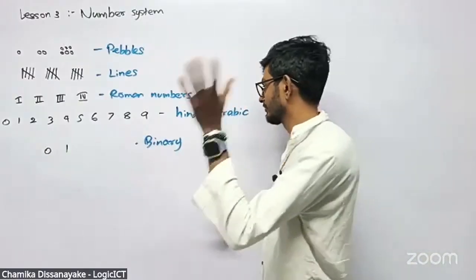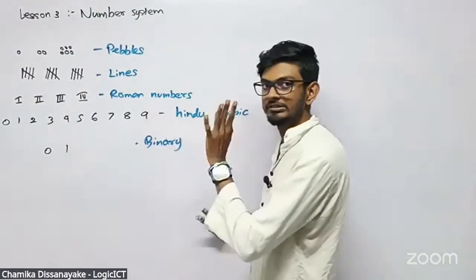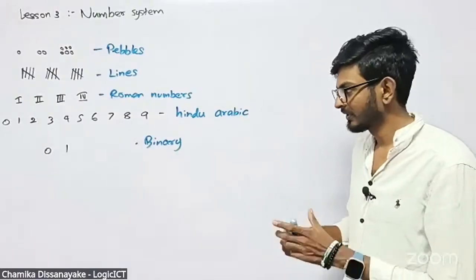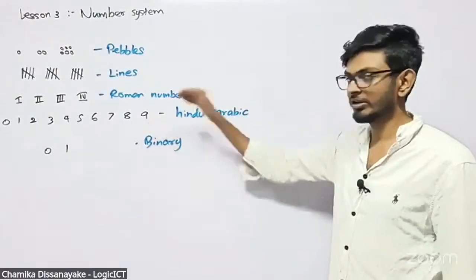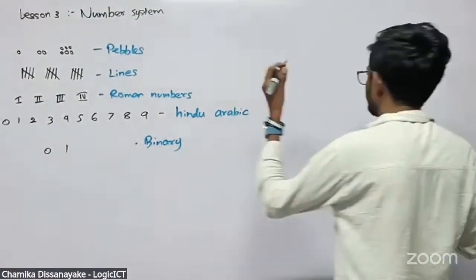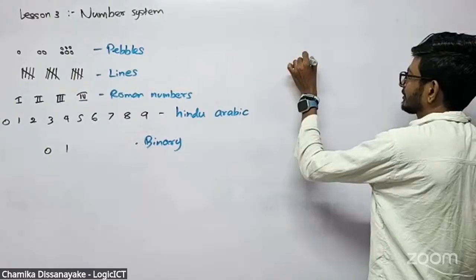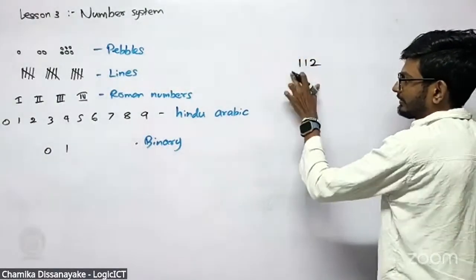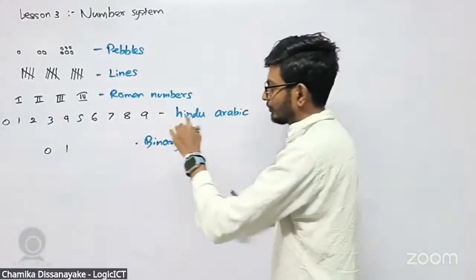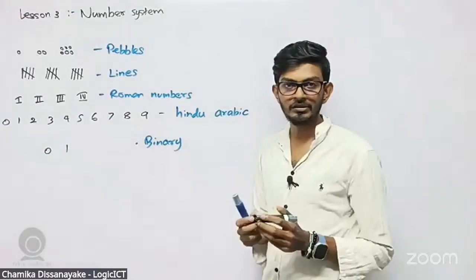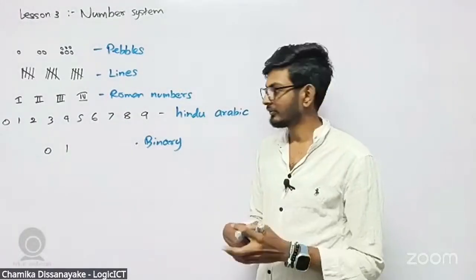In here, let's move to the Hindu Arabic number system. As you know that one. When we use this Hindu Arabic number system, if you want to write any number, I'm going to write 112. That means this is our number, guys. Those are the Hindu Arabic number system symbols. Only those things.